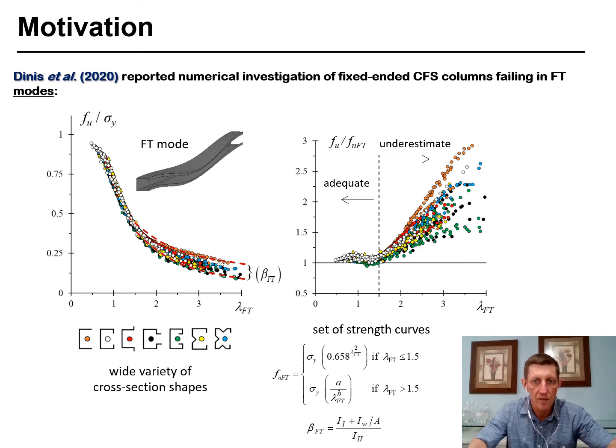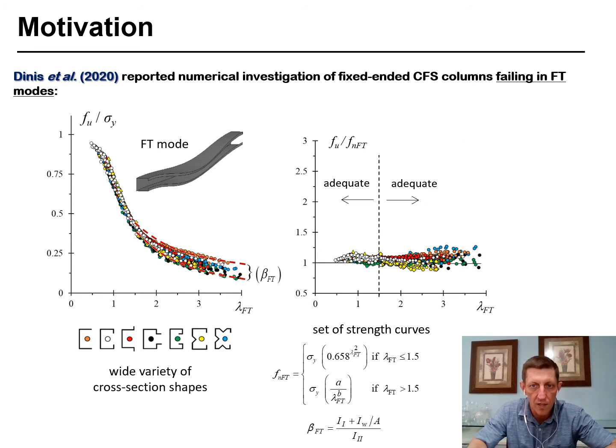Based on that, these authors also proposed a novel DSM design approach, denoted in this curve as FNFT, which involves a set of strength curves dependent on the geometric parameter beta FT, given by this equation.